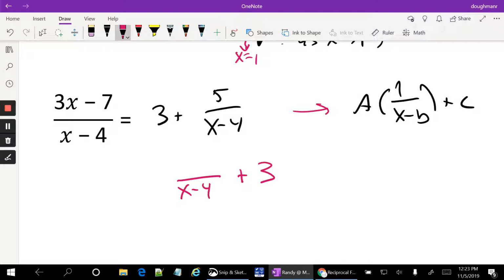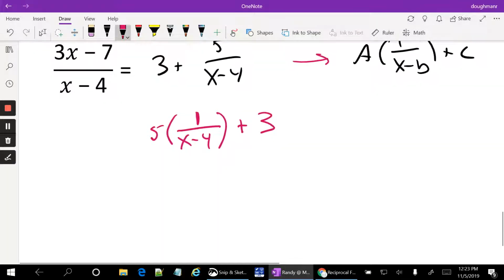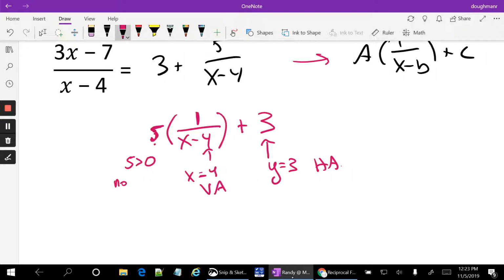X minus 4 is still my denominator, but instead of having 5, I'll put a 1 there, and I'll multiply by 5 out front. So now that means y equals 3 is my horizontal asymptote. X equals 4 is my vertical asymptote. And 5 tells me there's a stretch, but more importantly, since 5 is greater than 0, I know that there is no flip.